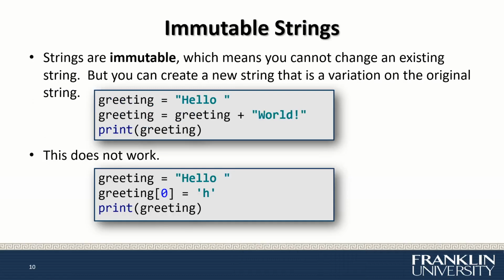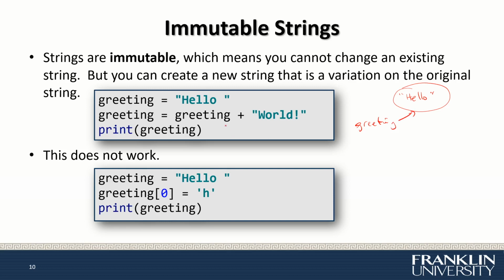Strings are immutable. What that means is you cannot change an existing string, but you can create a new one that is a variation of the original one. The way Python works is when you create a variable like greeting equal to "hello", somewhere in memory there's a string "hello" that the variable greeting is pointing to.